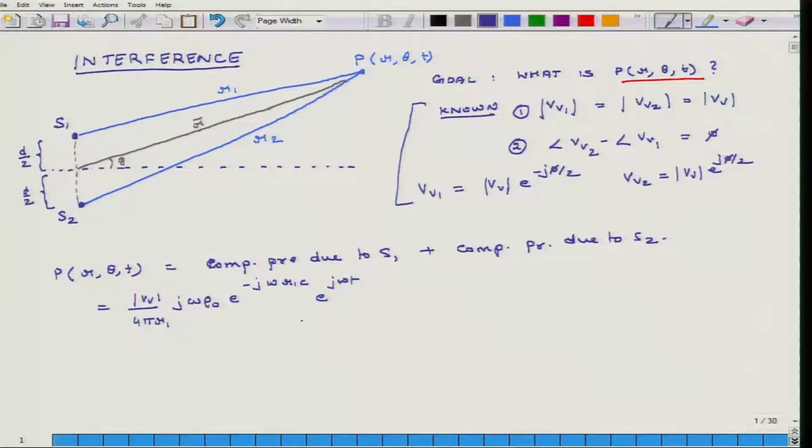So, where did we get this expression from? In last class we had developed the expression between volume velocity and complex pressure.